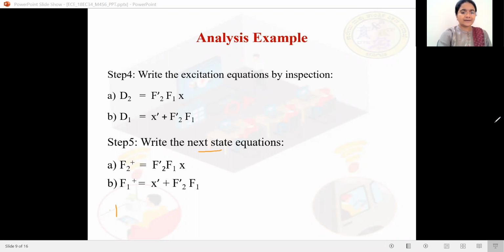Why? The D flip-flop has the next state equation Q(t+1) equal to D. But for other flip-flops, it is different.